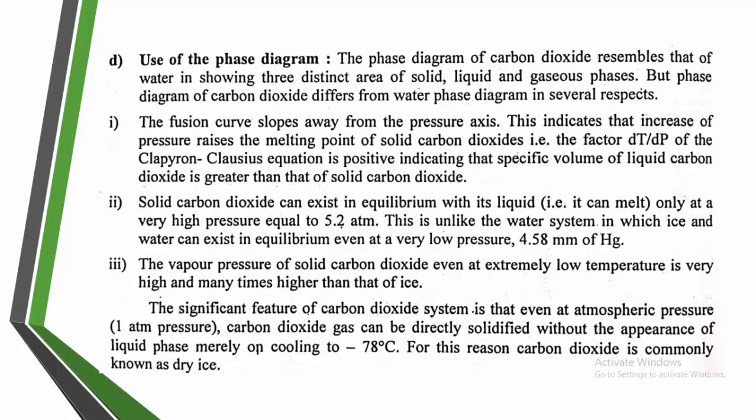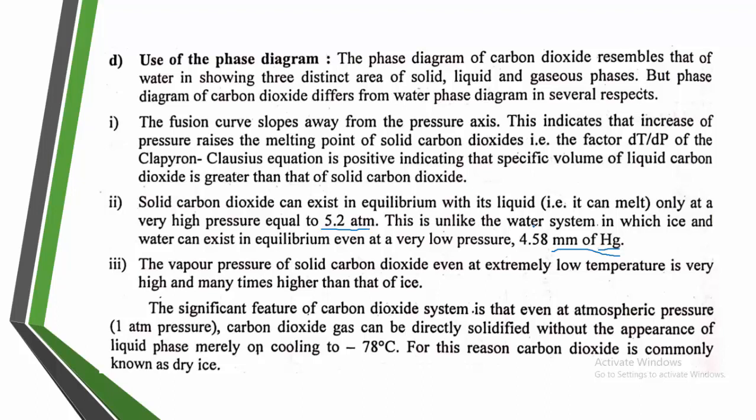But in the water system, we see that at 1 atmospheric pressure solid and liquid can be interchanged. Here the water system exists in equilibrium at low pressure, at 4.58 mm of Hg. Here there is 4.58 mm of Hg and this is 5.2 atmospheres. 1 atmosphere is equal to 760 mm of Hg.